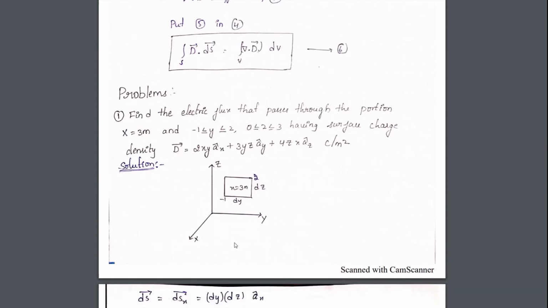Understood? So you need to find what? The electric flux that passes through a portion where x is equal to 3, y and z are varying, and the electric flux density D is given.